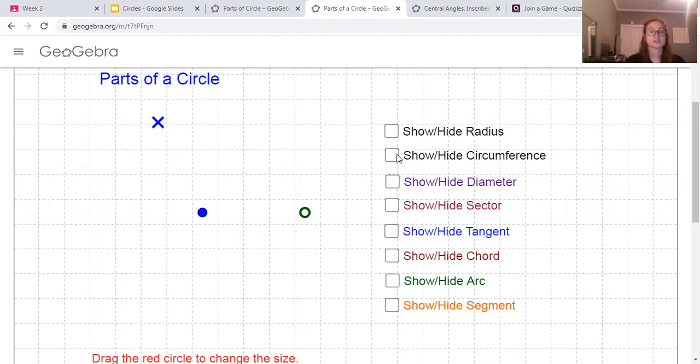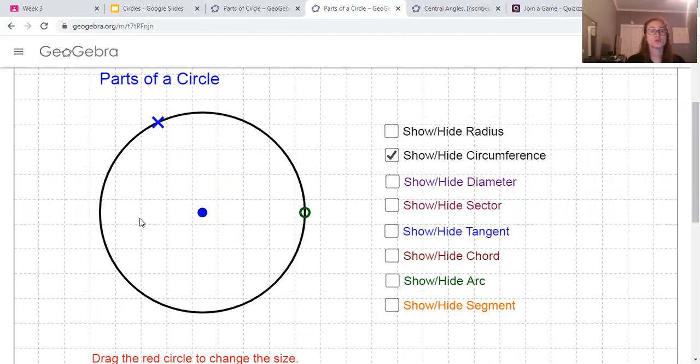And then the circumference is all the way around that center, and the center is the same distance away from that circumference every single time.